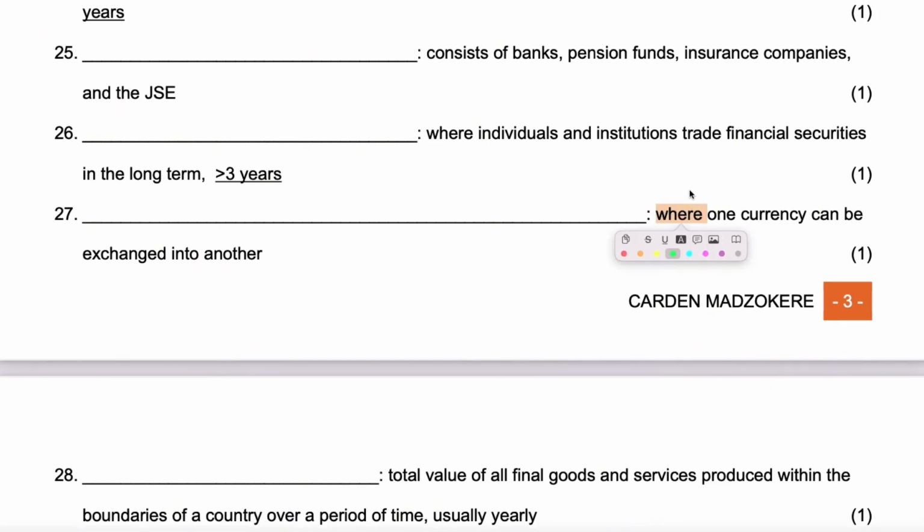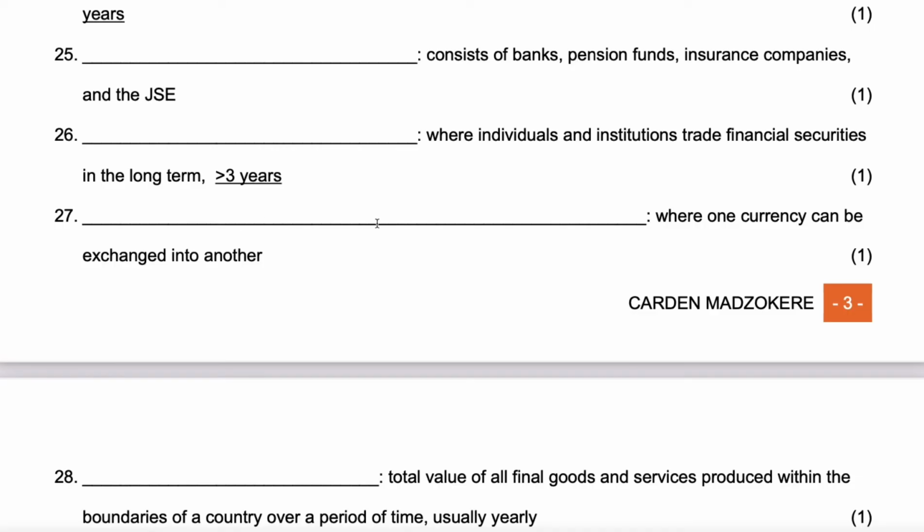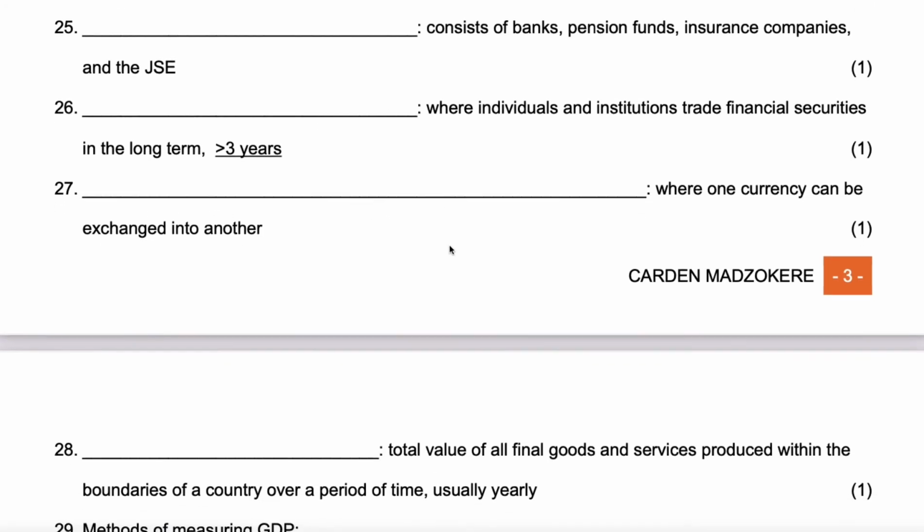I'm going to. You see? So a place where one currency can be traded for another, that would be a foreign exchange market. If you say foreign exchange, you are wrong. We also have another term that can sound the same as this, which is exchange rate, which is the rate at which one currency can be exchanged for another.